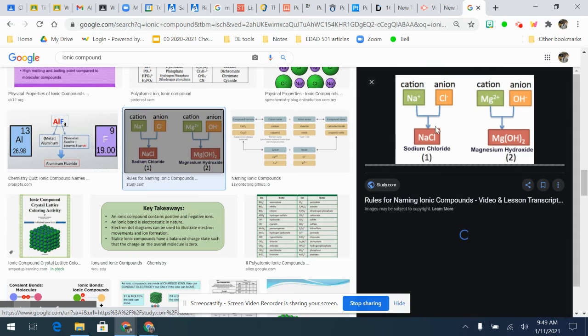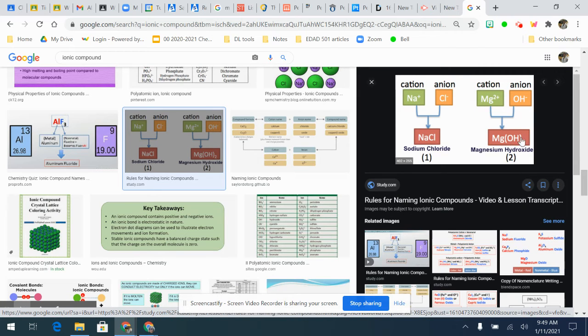Okay, this is one we haven't talked about. We can have an ion that is actually made of multiple elements, but we're not going to focus on that this week. But this will come up at some point. Notice here, though, that magnesium has a 2+ charge, while OH here has a 1- charge. So it requires 2 OHs in order to balance out the 2+ charge on magnesium.